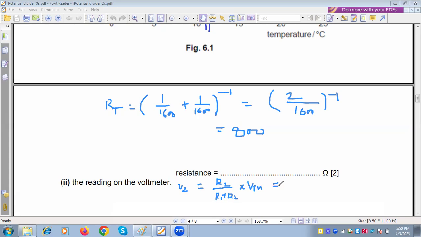So here R2 is 800, R1 is 1200. 1.2 kilo ohm means 1200, and this is 800 into 9. So when we solve the question, the answer turns out to be 3.6.